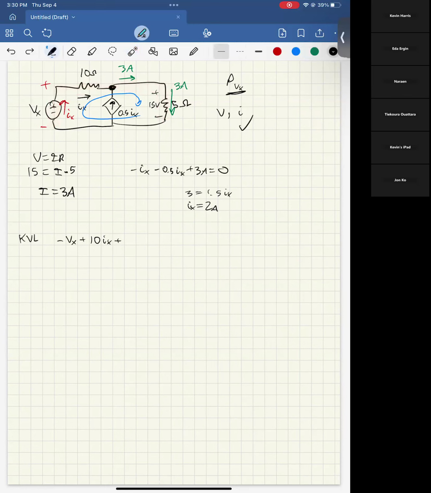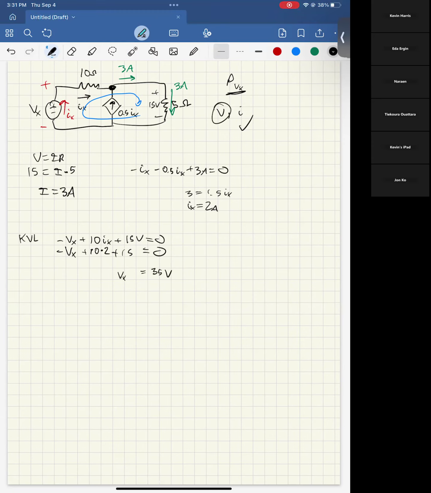While you could write this as 5 times 3 amps, we already know that it's 15 volts, because that was given at the beginning of the question. And then there's nothing else on this bottom section, so that equals 0. Luckily, we've already found Ix, so plus 10 times 2 plus 15 equals 0. And then if we solve all this, we will get that Vx equals 35 volts.